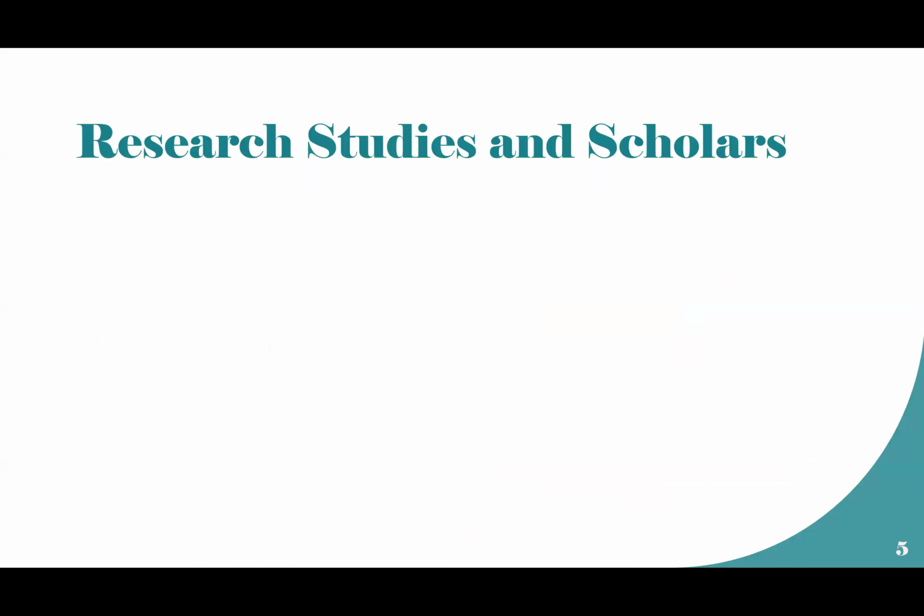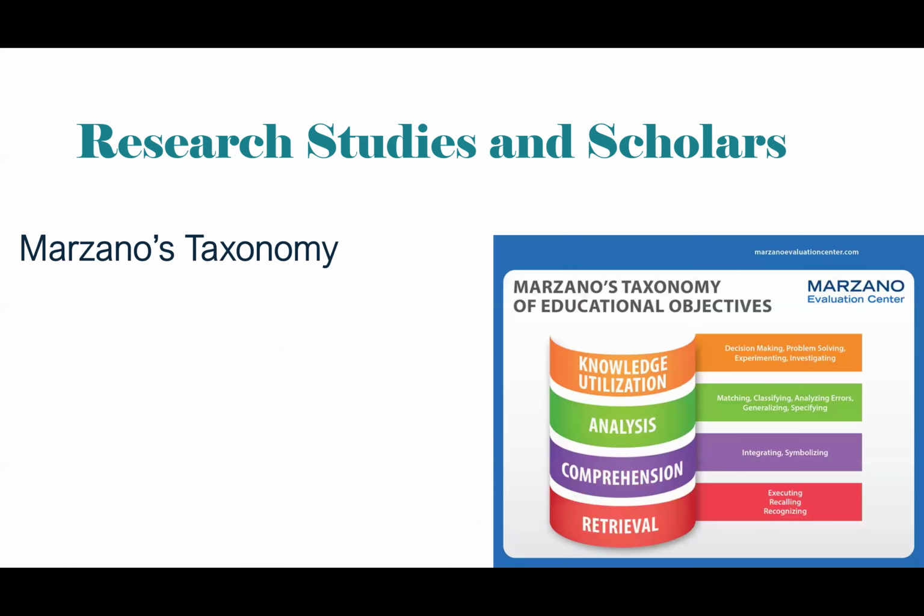The second taxonomy that we're going to look at and compare with Webb's taxonomy is Marzano's taxonomy. Marzano's work on taxonomy and educational frameworks, particularly his research on the new taxonomy of educational objectives in 2001, emphasized the importance of cognitive processes and knowledge domains.